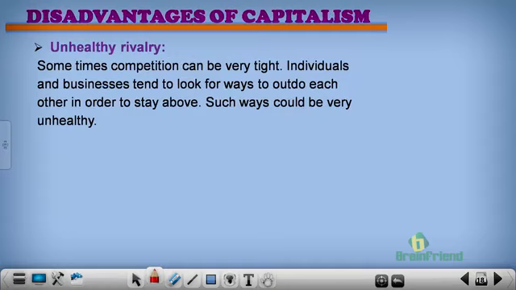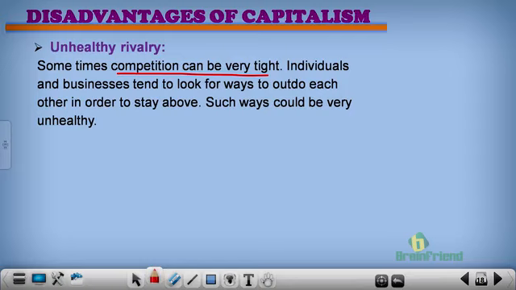And lastly, unhealthy rivalry. As a result of the competition that goes on in this economic system, or in the free market system, these individuals or business owners or producers can carry out some methods or some acts that will not be good. Because of this competition, it gets to some points where it becomes tight, and they feel they have no other way to fall on.